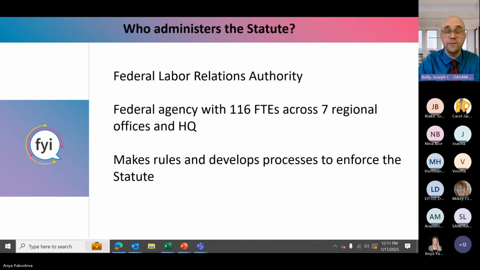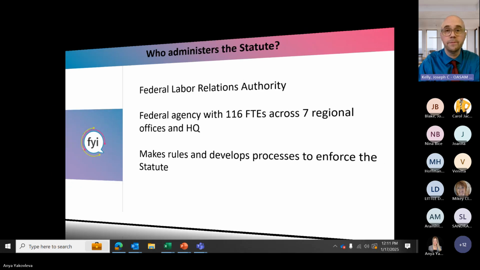The Department of Labor is a very large federal agency, and in comparison, the FLRA is quite tiny. The FLRA is charged with making rules and developing processes to enforce the statute. So next slide, please.